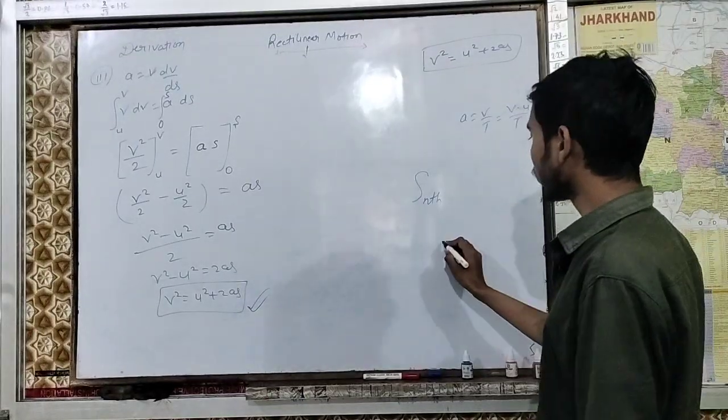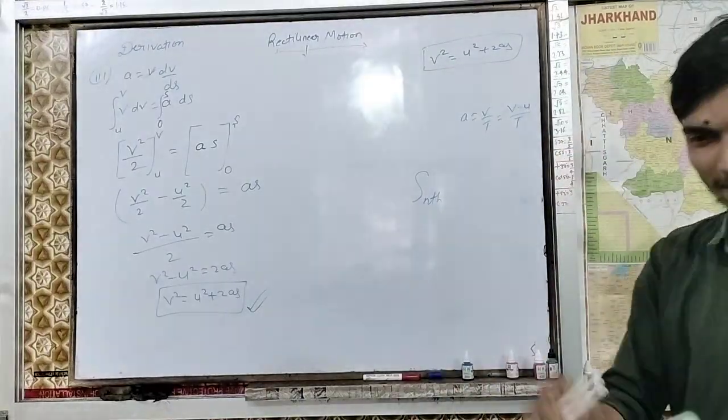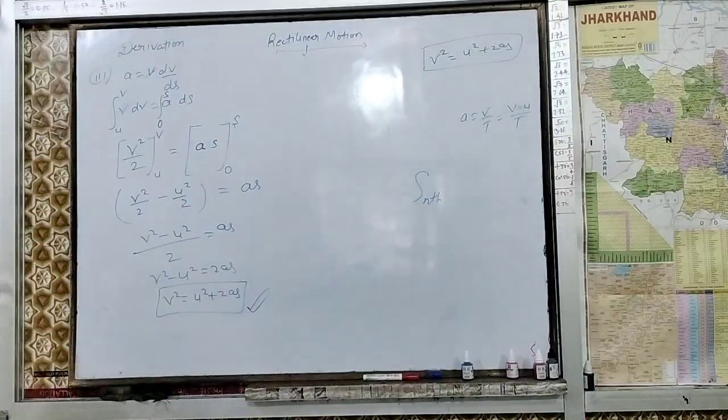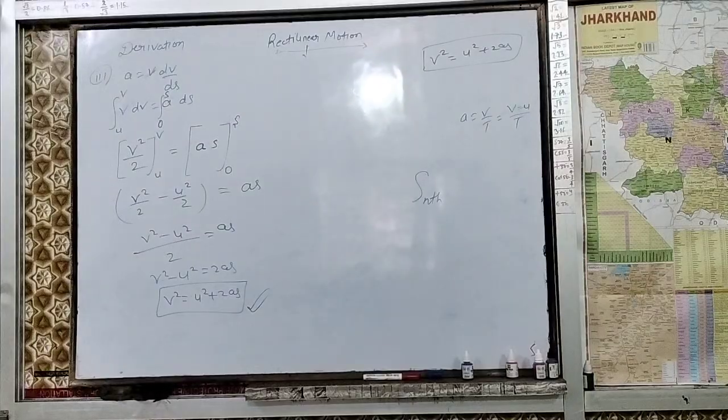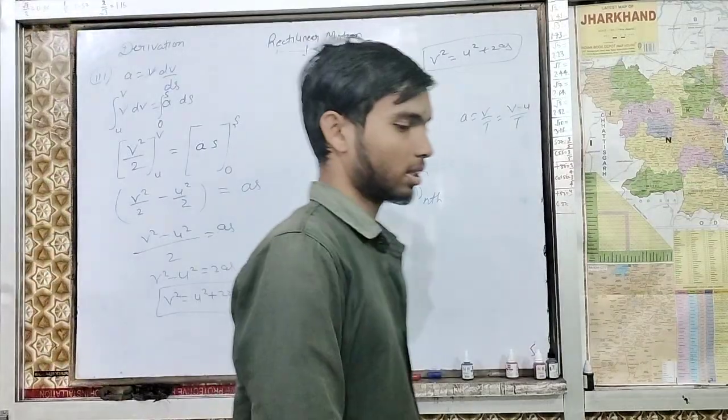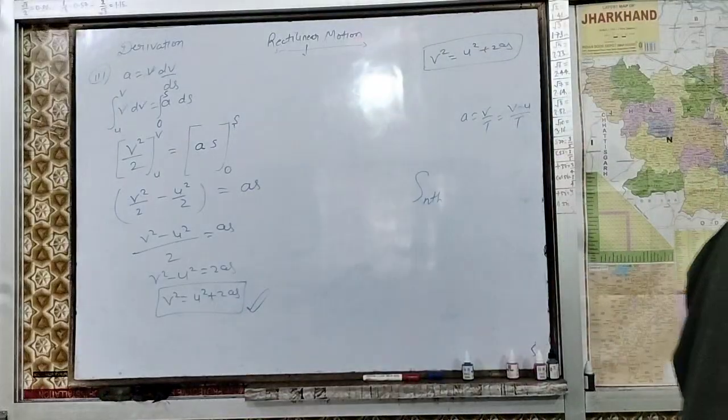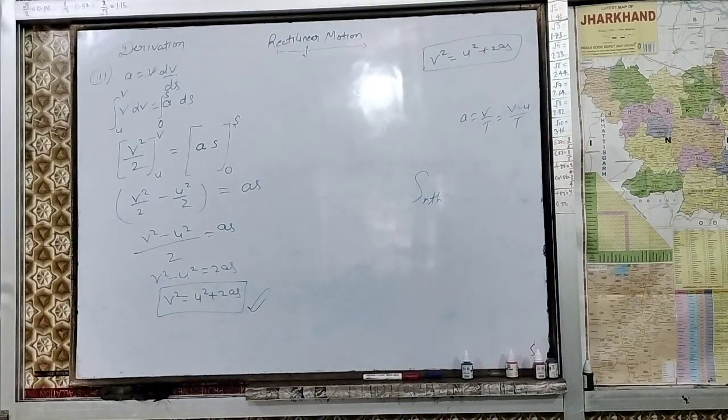For example, in 1 second, what is the displacement? So in this particular time we have to calculate the displacement, then this fourth equation of motion will be applied. Let's see the derivation behind it.